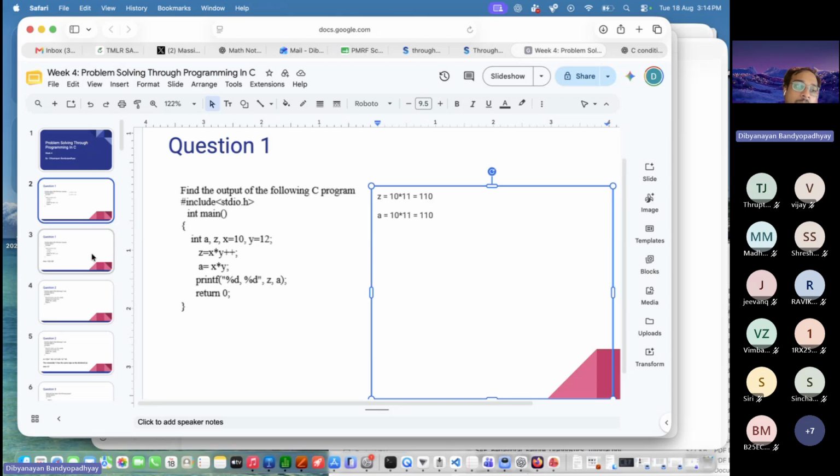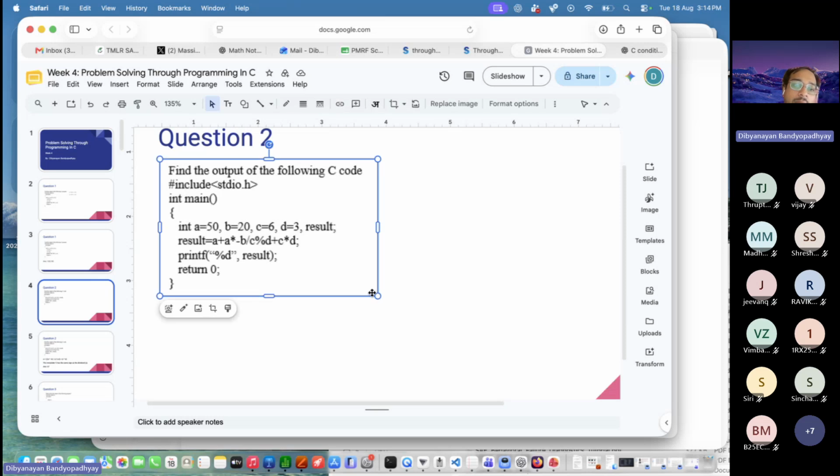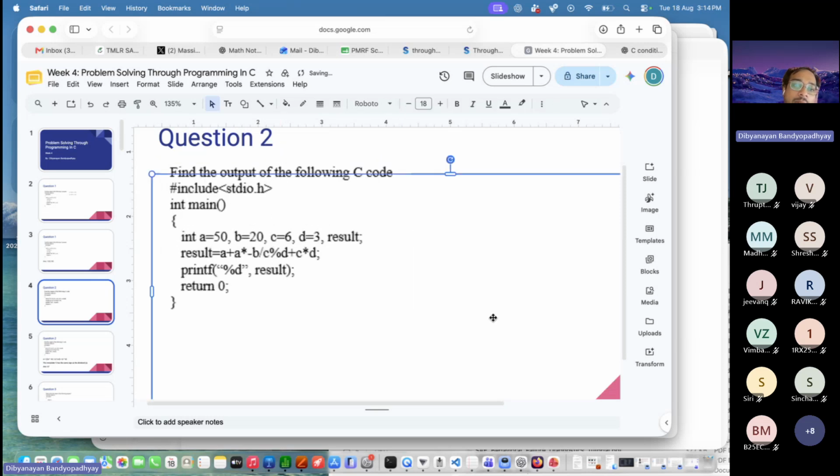Okay, if you don't have any doubt, then I think I can proceed now. So this is the second question. I'm zooming it slightly. Try to answer it, then we'll discuss it again.